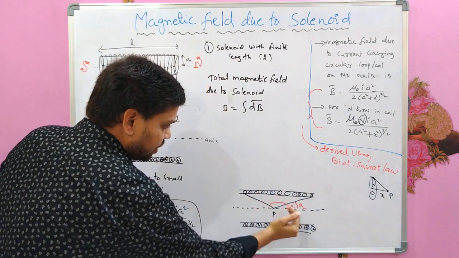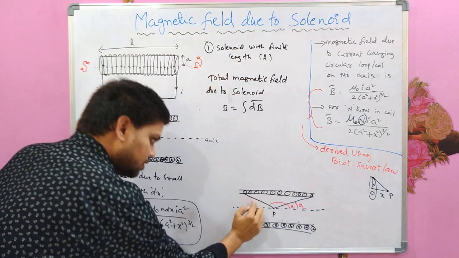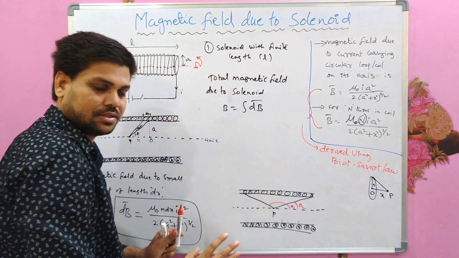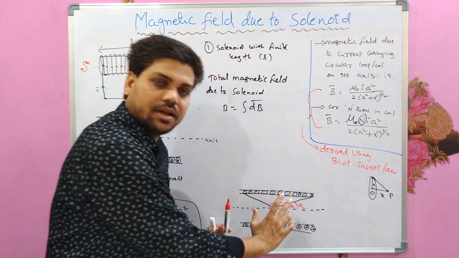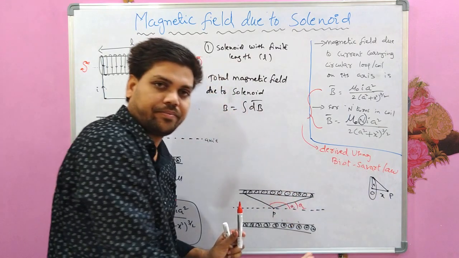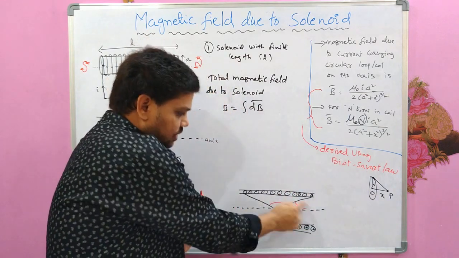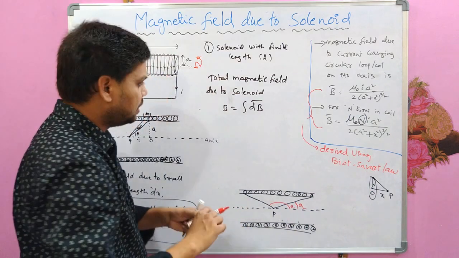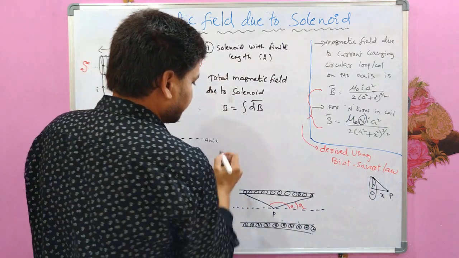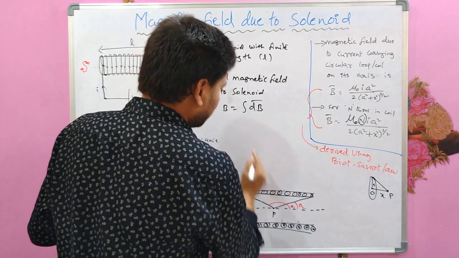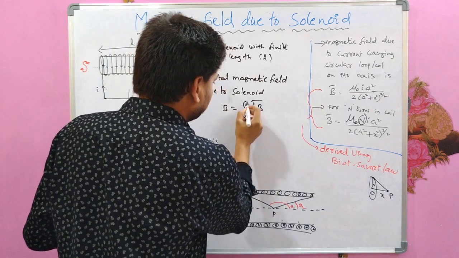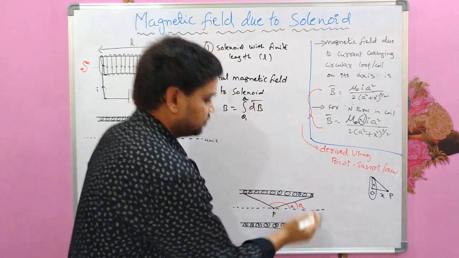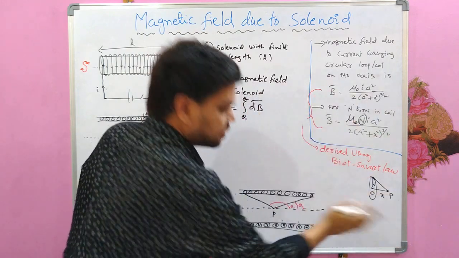I have not taken theta 2 on that side and theta 1 this side. I have taken the angles on the same side. This is theta 1 and this is theta 2. Okay, so that means this will be from theta 1 to theta 2, from this side to that side.